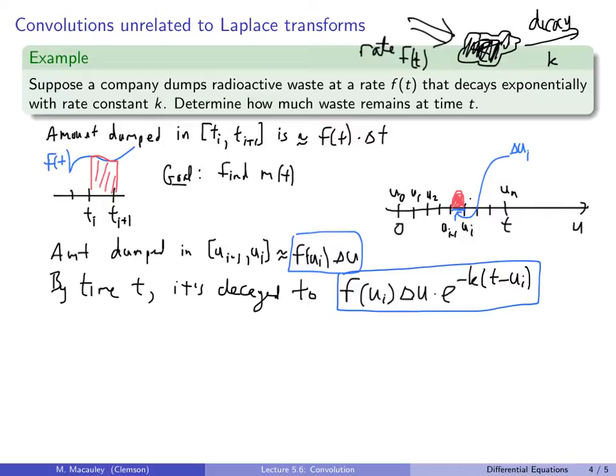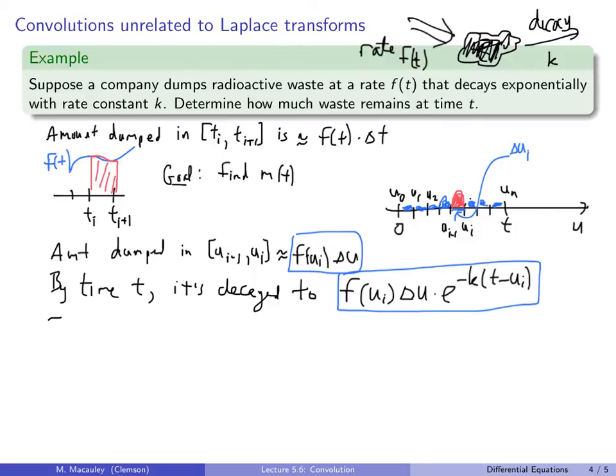So the total amount left at time t, instead of this, we have to add up these blobs on every single time interval. We're not adding up the masses of these things, we're adding up the mass times this exponential, which takes care of the decay.